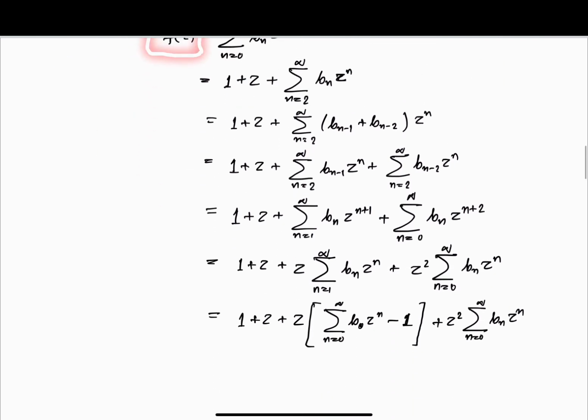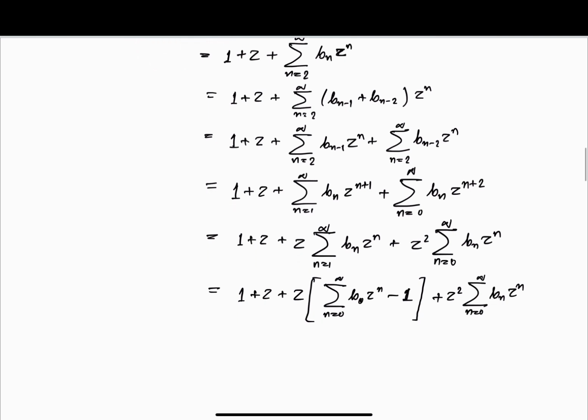So therefore what we have is 1 plus z times (f(z) minus 1) plus z square f(z).